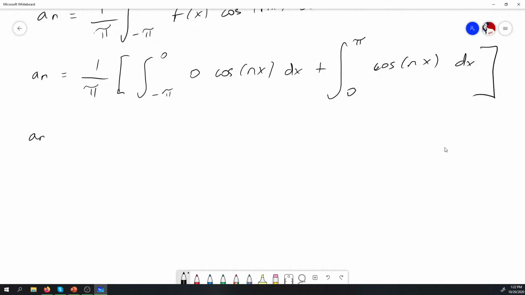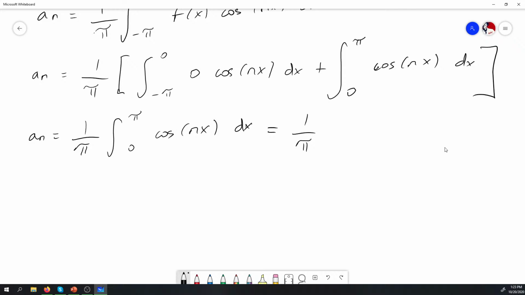And if we resolve this, it's just going to be 1 on pi between pi and 0 of cosine n of x dx. And this is going to resolve to 1 on pi.